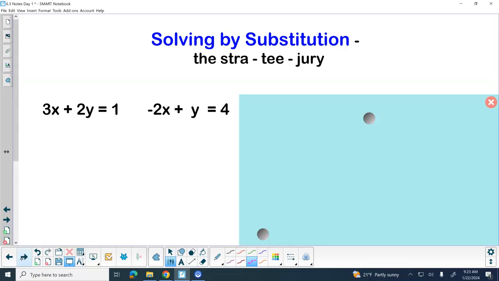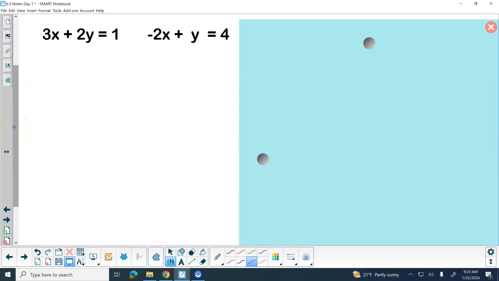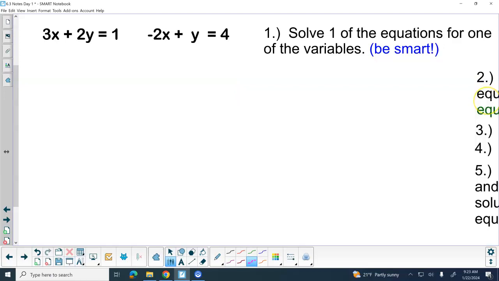All right. So what you should have done. Let's go solving by substitution. Here's our strategy. The first thing that we are going to do is solve one of the equations for one of the variables. That's what you should have done first when you're solving by substitution. Now, I put in there in blue, be smart.